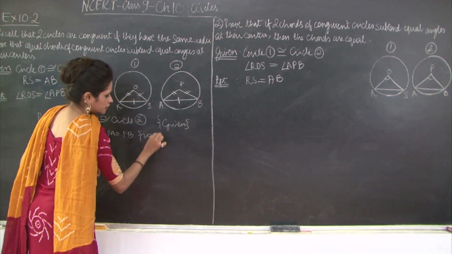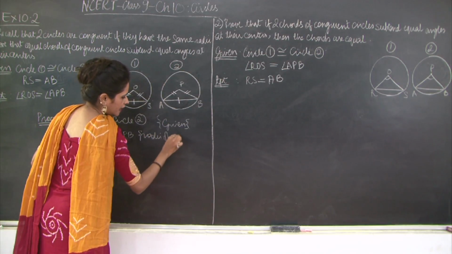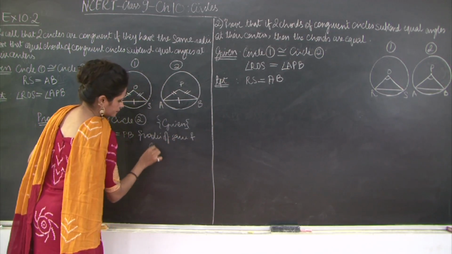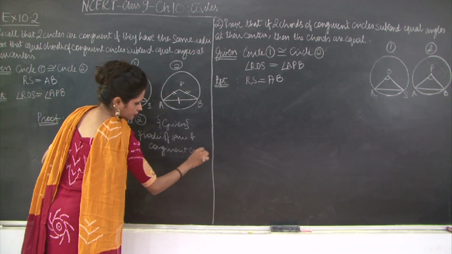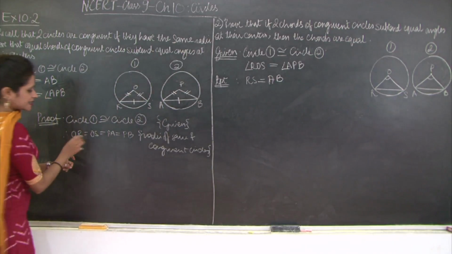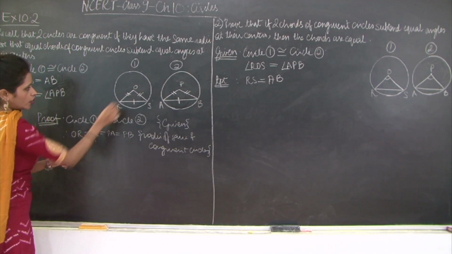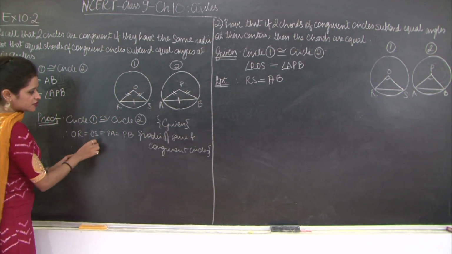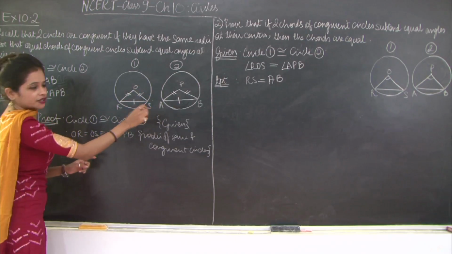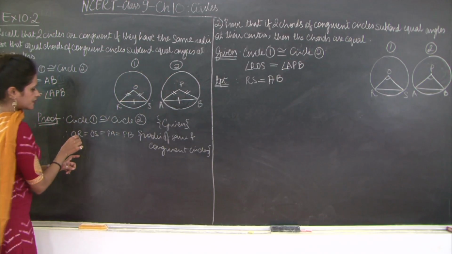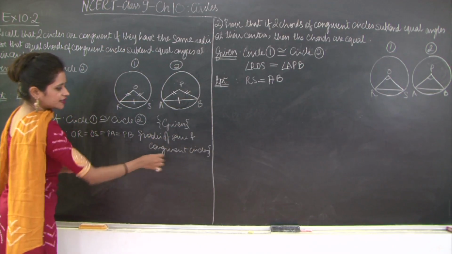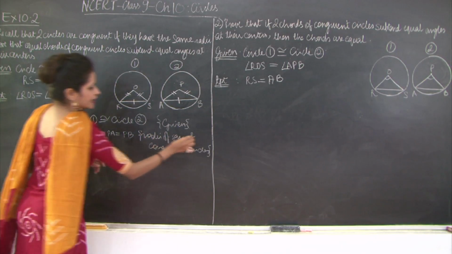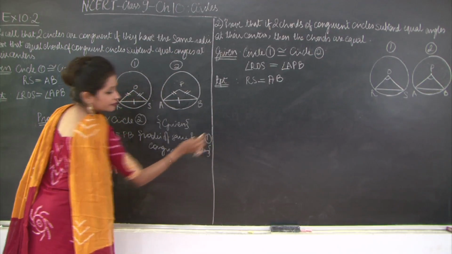Radii of same and congruent circles. Why same circles? Because RO and OS, they are of the same circle, and PA and PB are of the same circle, and these two are congruent circles. Therefore, OR is equal to OS is equal to PA is equal to PB. So, they are the radii of the same and congruent circles. Let us mark this as 1.